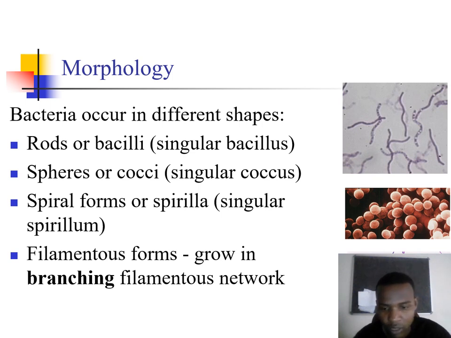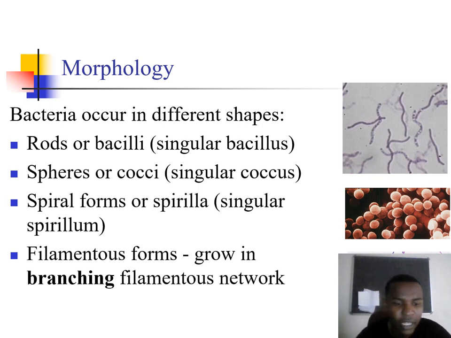Some exist as rods, these are the bacilli, others as spheres, these are the cocci, others are in spiral forms, others are in filamentous forms, growing in branching filamentous networks, and others are pleomorphic.